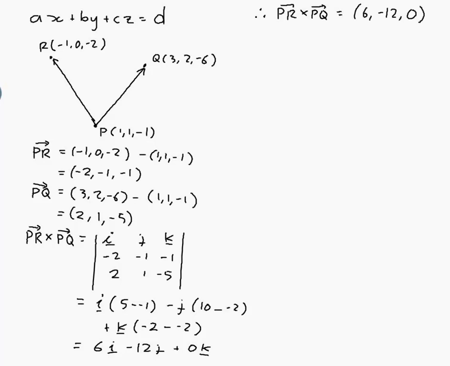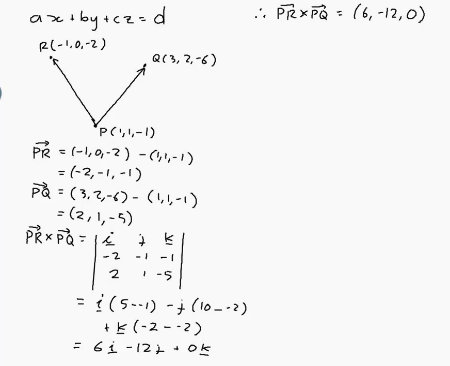Now the cross product is designed to give you handily the coefficients in your equation. So a is 6, b is minus 12, and c is 0. That's one of the things that the cross product does. And the reason is this: that cross product is perpendicular to both the vectors PR and PQ, which means it has to be perpendicular to every vector in the plane.